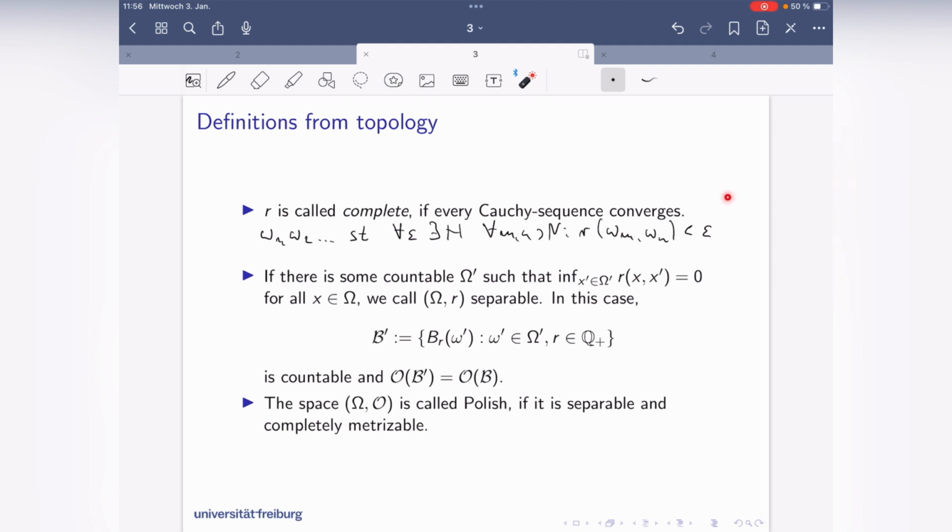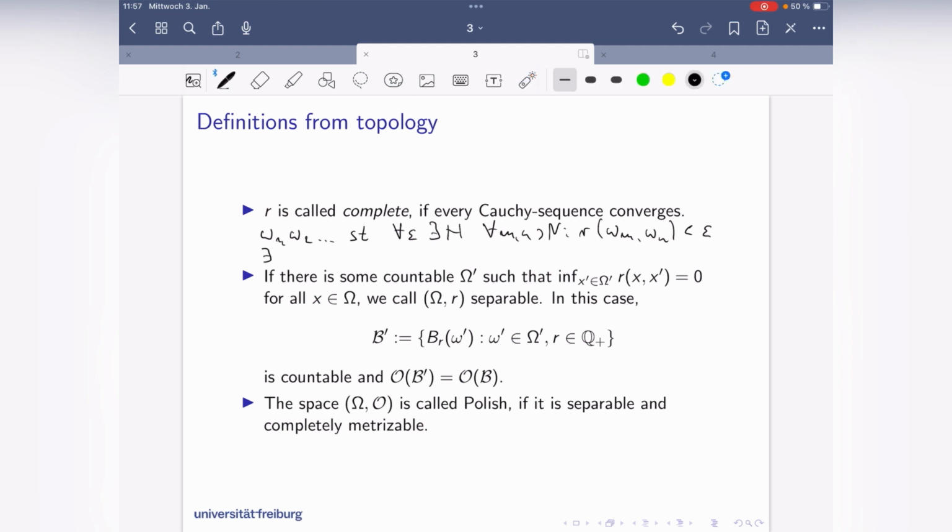But what's not so clear at the moment is if the limiting object, the limiting omega, is really in the set that I'm dealing with. So that's a Cauchy sequence. And that converges if I find an omega.